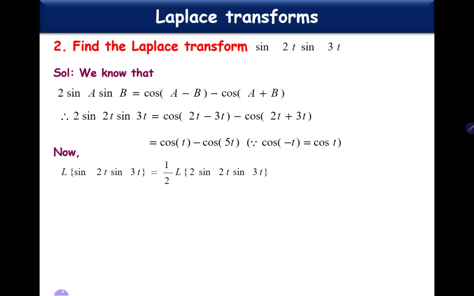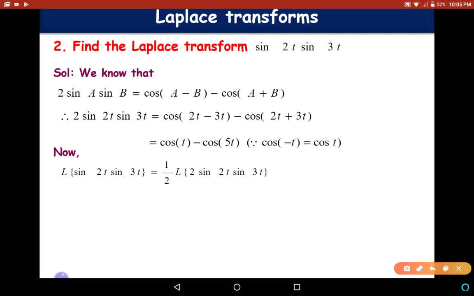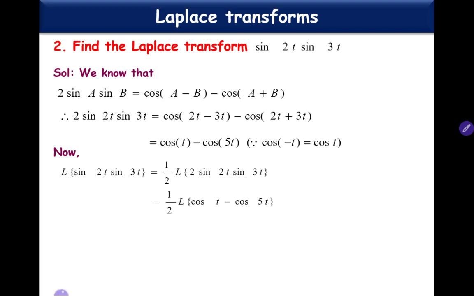So now consider L of sine 2t into sine 3t and multiply and divide by 2, so that we get 1 by 2 times L of 2 sine 2t into sine 3t. Now in place of 2 sine 2t into sine 3t, we can substitute cos t minus cos 5t. Then this is 1 by 2 times L of cos t minus cos 5t. Using the linear property, we can separate it as 1 by 2 times L of cos t minus L of cos 5t.